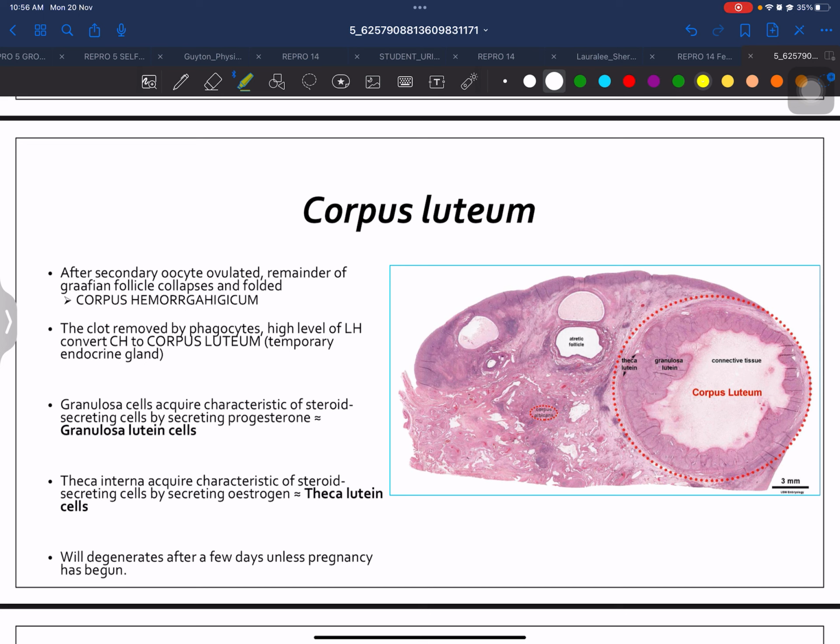Dia akan folded, nanti dia akan jadi corpus hemorrhagicum. So the clot will be removed by phagocytosis, and a high level of LH will convert the corpus hemorrhagicum to corpus luteum, which will become the temporary endocrine gland.